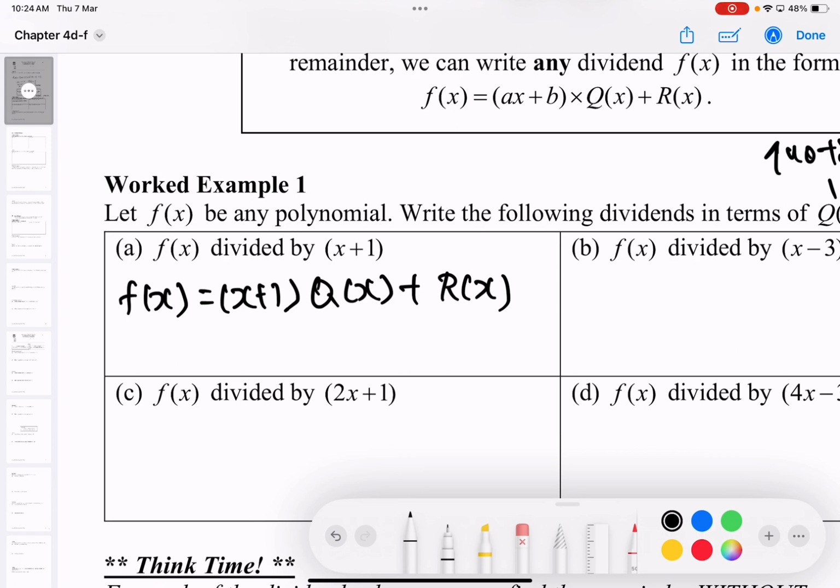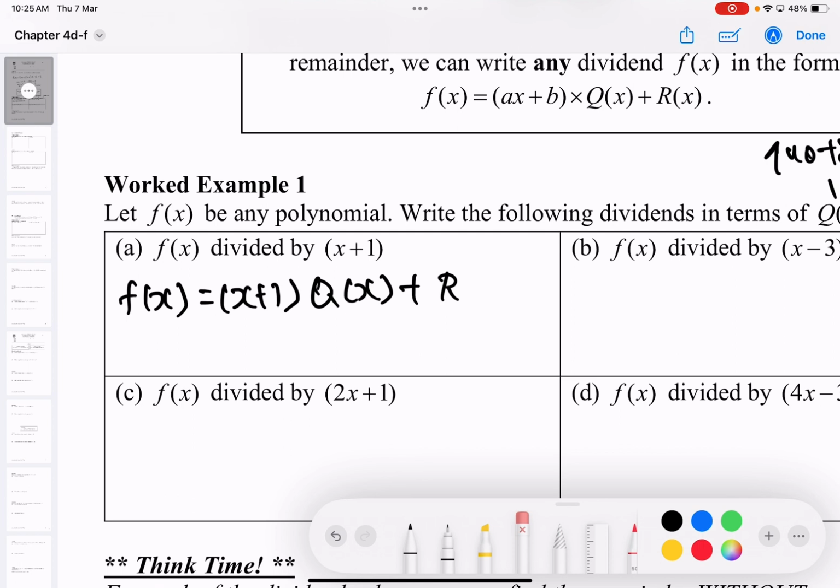What does degree 0 mean? Yeah, it's a constant. There is no x. So this is independent of x. That means this is just a constant r. So if the divisor is of degree 1, the remainder is going to be independent of x, just a constant. So we're going to write it in this way.